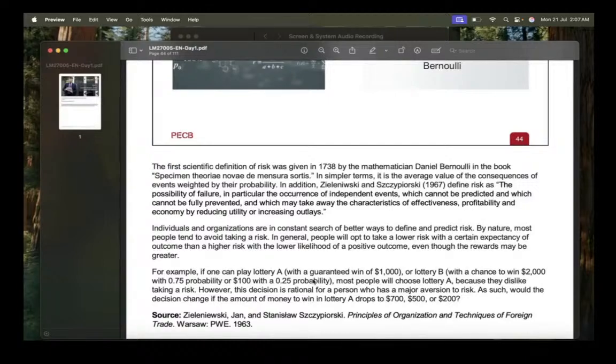So I hope now you can relate what we have read about consequences, events, probability, likelihood. These things are going to come into action now. You are going to understand more about it.